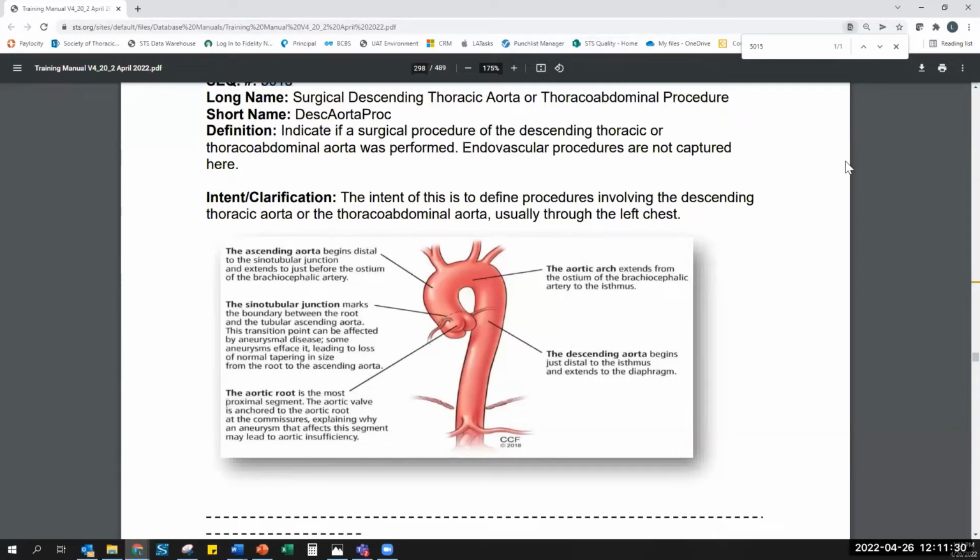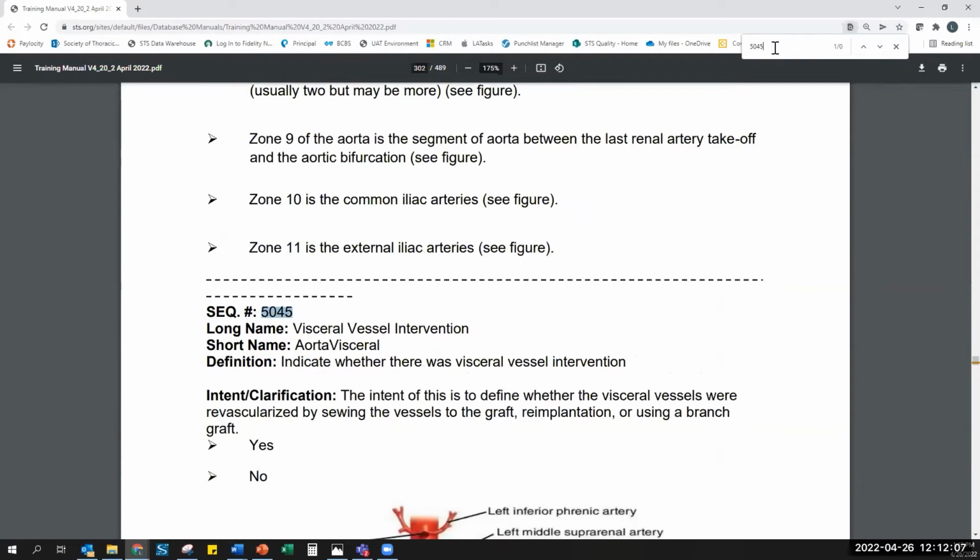Mm-hmm. So the diaphragm are those two lines on the side of the aorta, about the bottom third of the screen. And then it'll be your abdominal aorta. And what's coming out of the abdominal aorta there, I believe those are your other arteries. Yeah, and if you go to sequence number 5045, we've got all the vessels coming off.